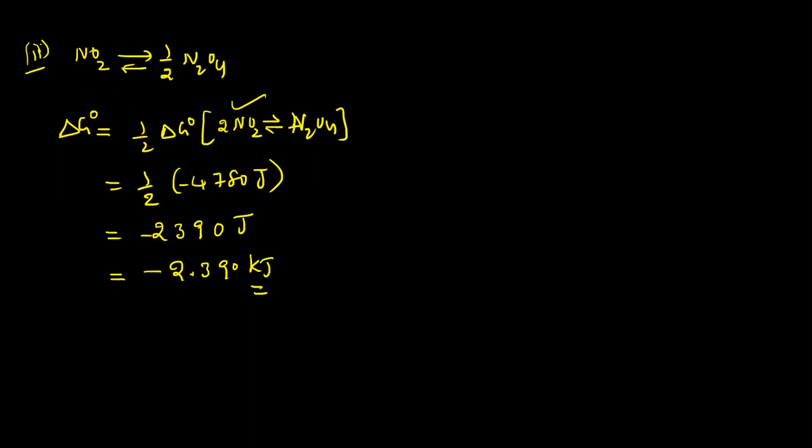Now that is the delta G naught value for this equation. For the same equation, we have to find the Kp value. That Kp value also can be calculated in such a way. Kp double dash I will put.